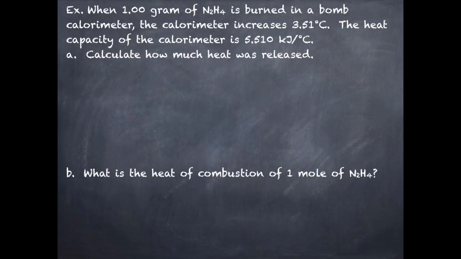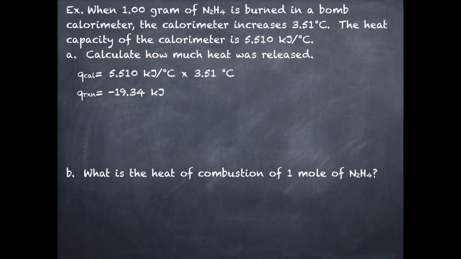So all you have to do to calculate the heat that's involved is say, all right, Q of my calorimeter equals my heat capacity, which is 5.510 kilojoules per degree Celsius, times the change in temperature, which is 3.51 degrees Celsius. So the heat that the calorimeter absorbs is simply the negative of the heat of the reaction.